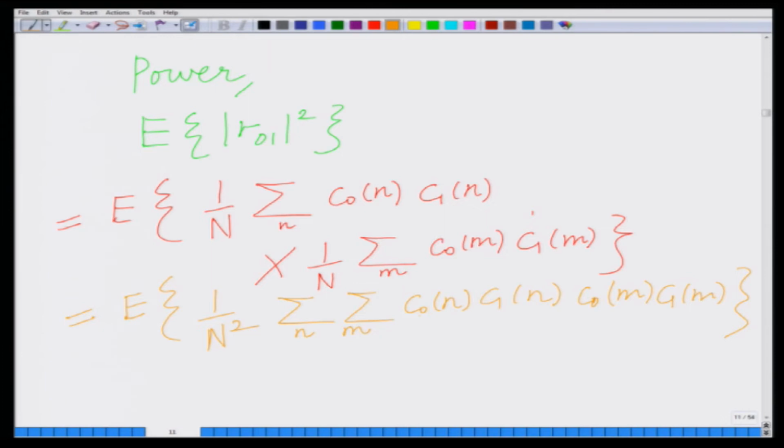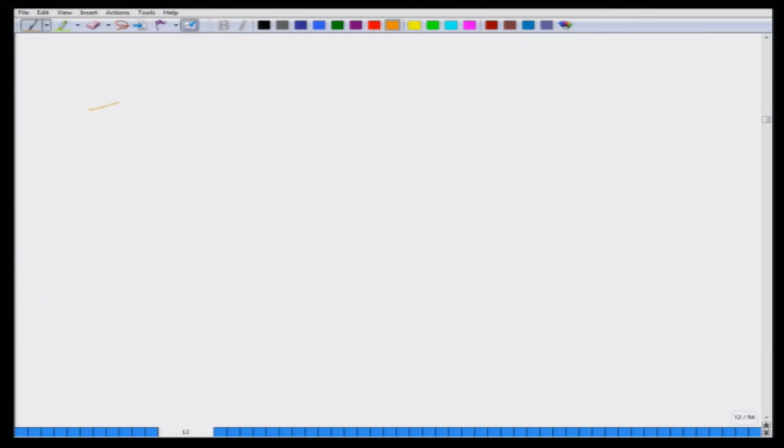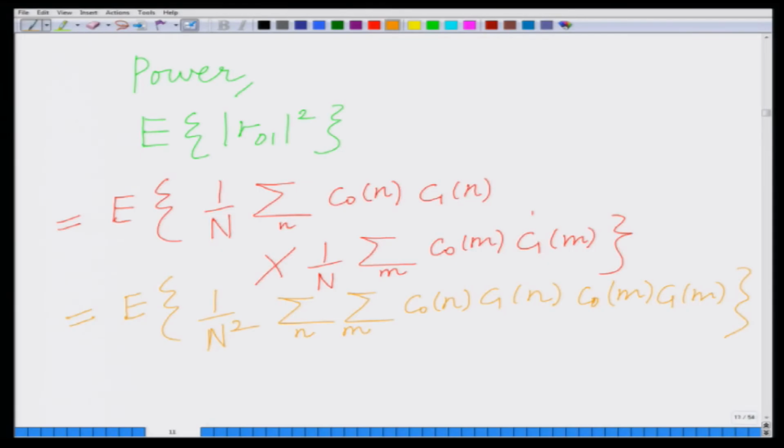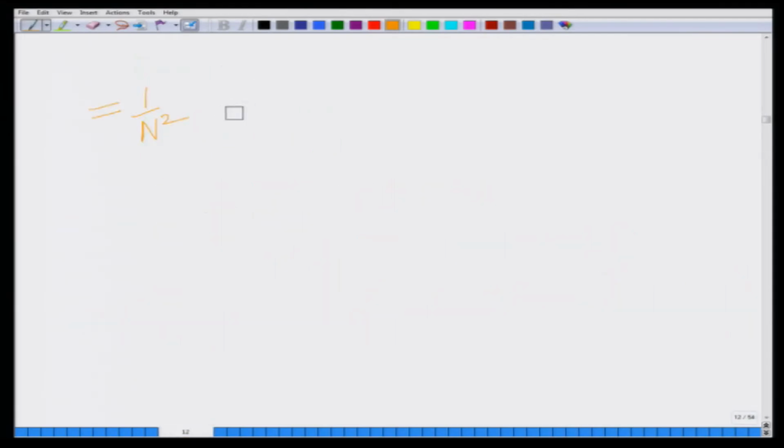Now, since the code sequences C0 and C1 are independent, I can further simplify this as 1 over n square, expected value, 1 over n square summation over n, summation over m, expected value of C0n C0m times expected value of C1n C1m.